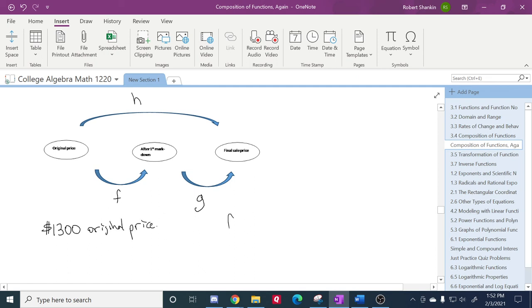Now, F of 1,300 is 1,200. It takes an original price, sends it to the price after the first markdown. G of the 1,200, it's got to take an output that's after the first markdown. You can't take 1,300 as the input, you've got to take the output of that. And then 75% of that is 900.